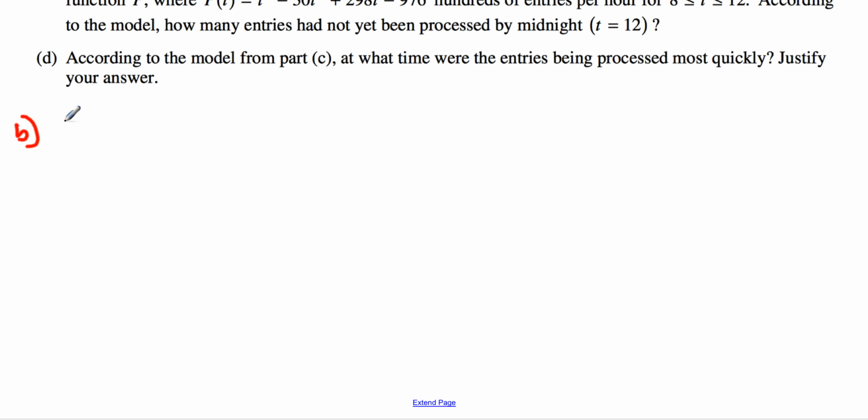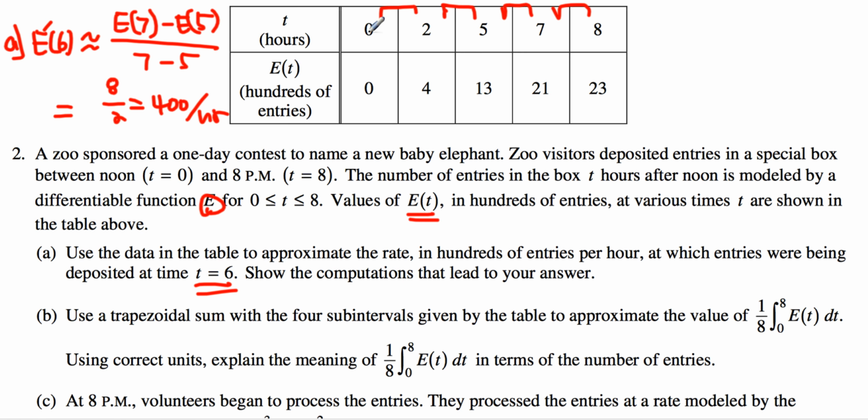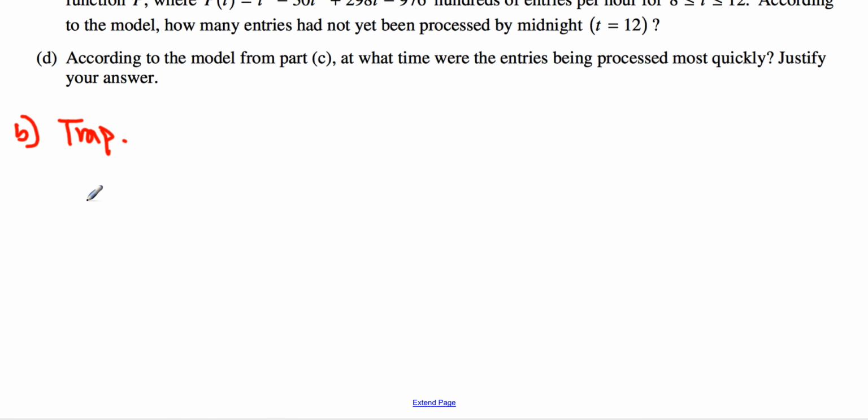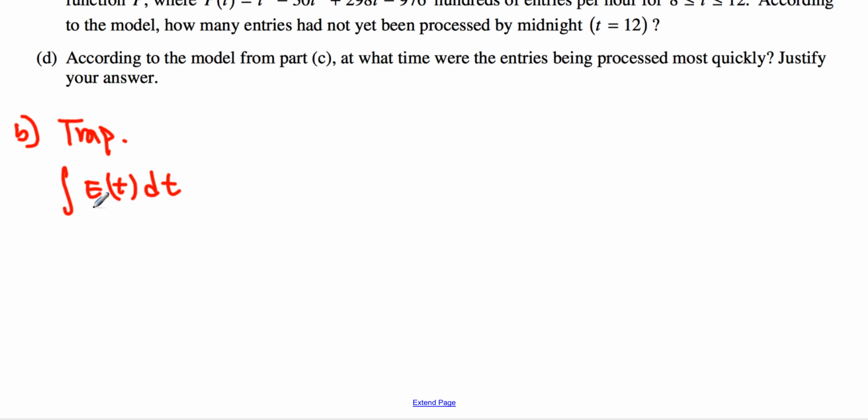By our trapezoidal rule, we realize that our first trapezoid, the height is 2, and then base 1 is 0, base 2 is equal to 4. So we end up getting the integral of E of t dt, now 0 through 8.